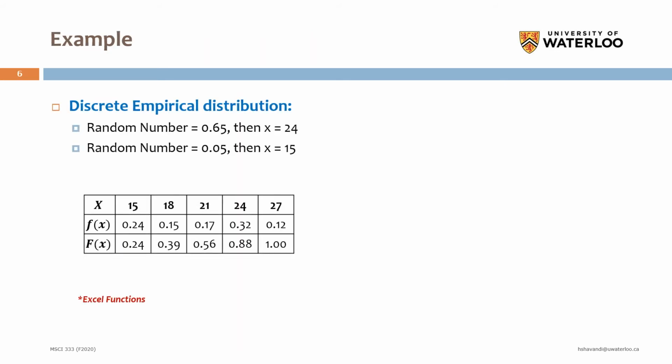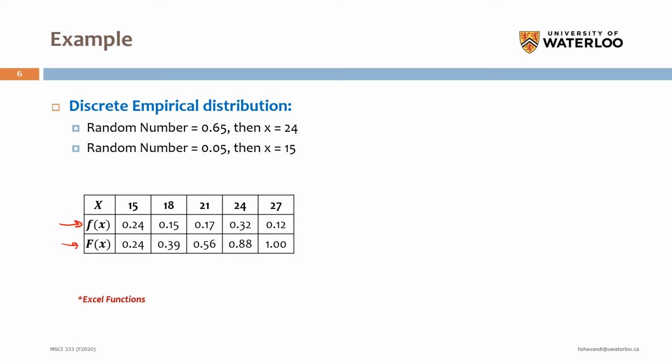For example, let's say we have this empirical discrete distribution. The CDF can be calculated in the second row: we have 0.24, 0.39, up to 1.